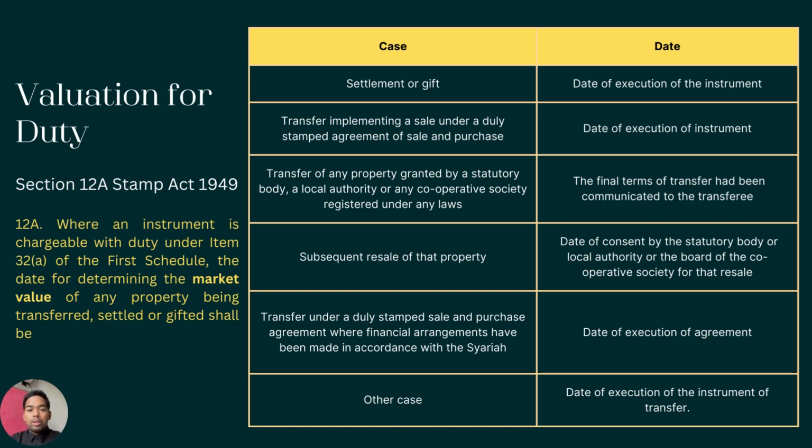Next, in the case of transfer under a duly stamped sale and purchase agreement where financial arrangement has been made in accordance with the Sharia, the date is the date of execution of the agreement. In any other case, it is the date of execution of the instrument of transfer.